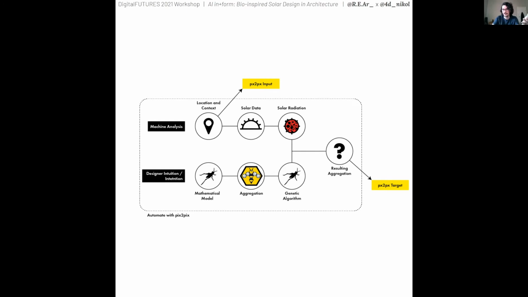It becomes super heavy to run. And what we want to do is, how can we take this process that is super heavy and make it into one algorithm, into one pix2pix model that, if it sees a context, if it sees one kind of data that represents an input, can generate and understand all of the process and give us a usable output?